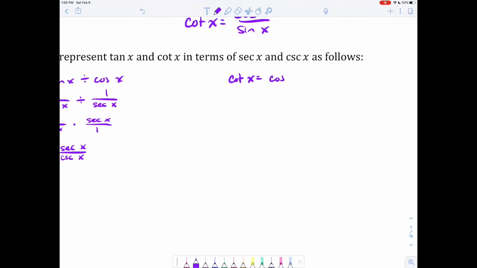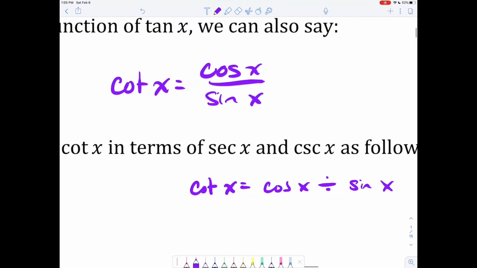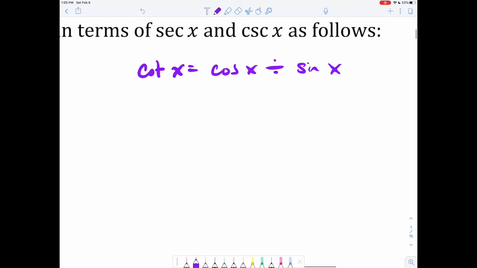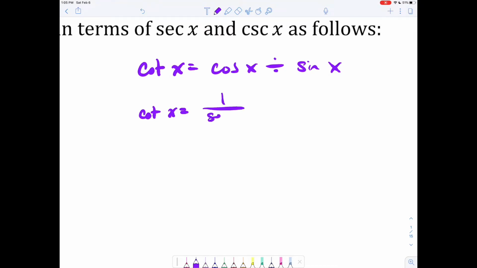So cotangent is the result of taking cosine and dividing it by sine, and that's from our quotient right here. And then replacing cosine and sine with their definitions in secondary form, we can say that we've got 1 over secant x divided by 1 over cosecant x.